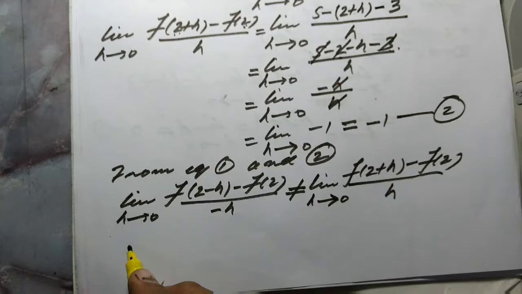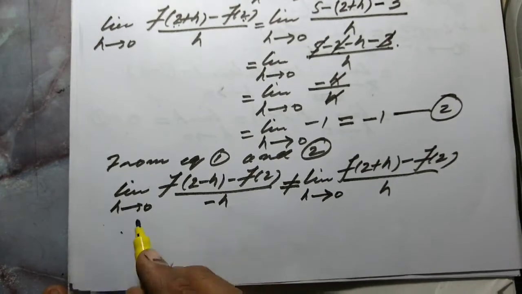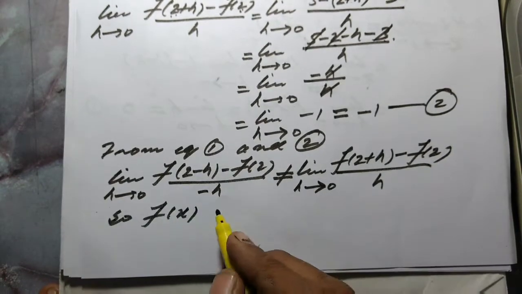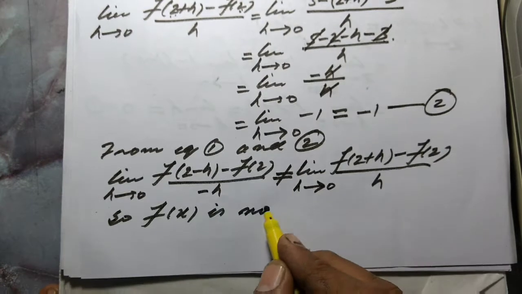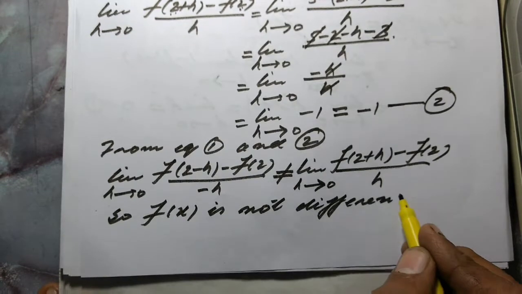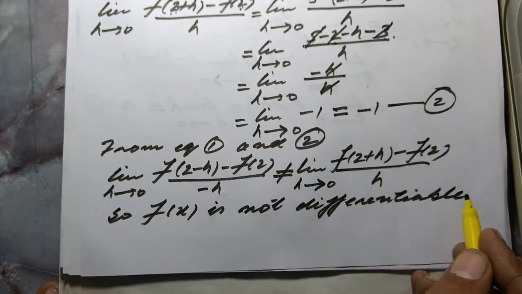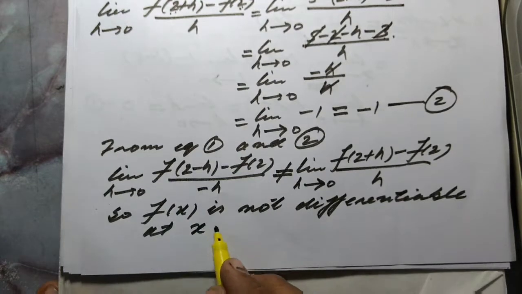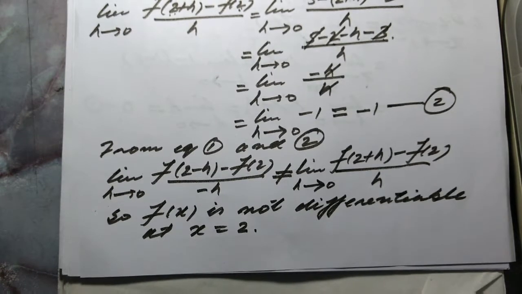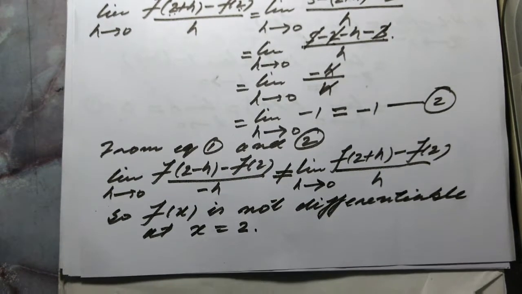So f(x) is not differentiable at x = 2. So this is the way to check or examine the differentiability of a given function at a given point.